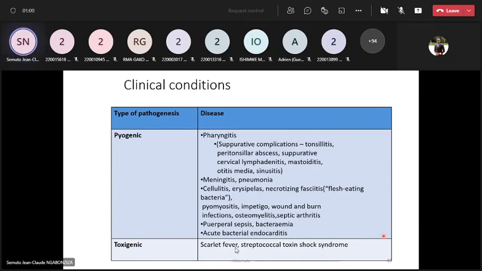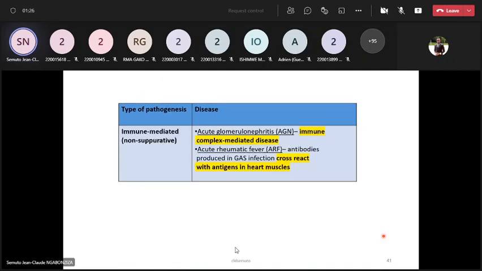So there are three categories of disease caused by Streptococcus. One is pyogenic, which is more linked to bacterial growth and production of all those enzymes. The second is toxigenic, which is more related to the toxin. And the third is immune-mediated non-suppurative manifestations.